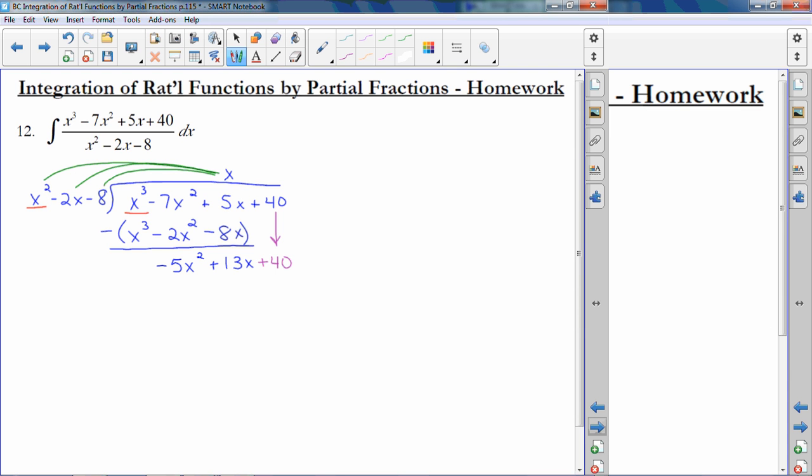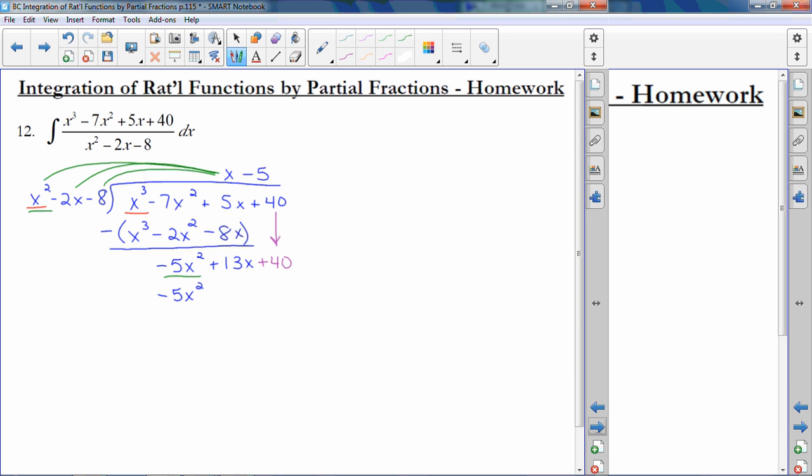Now we ask ourselves, what do I multiply x squared by to get negative 5x squared? And that's a negative 5. So we'll put minus 5 up there. And then we do the same thing. We're going to multiply the negative 5 by each of the terms on the outside. So we have negative 5 times x squared is negative 5x squared.